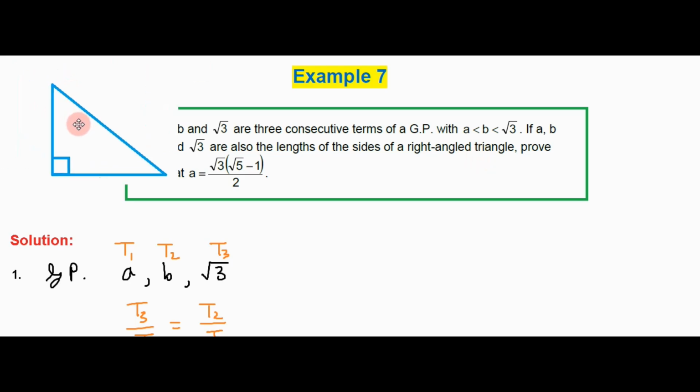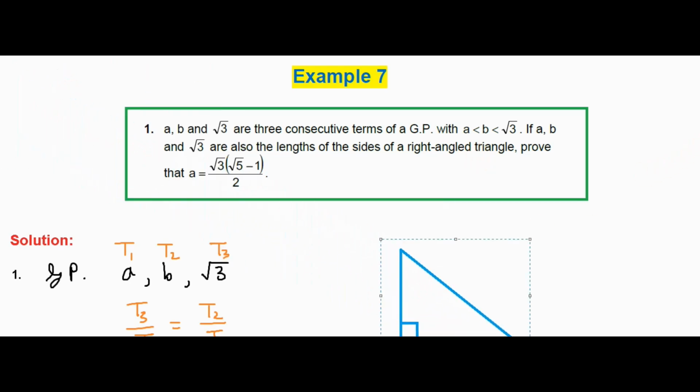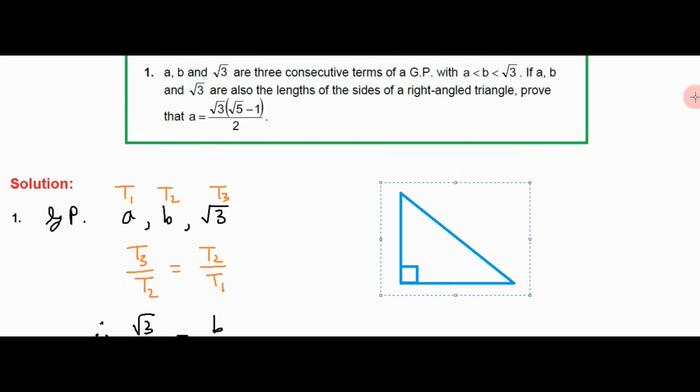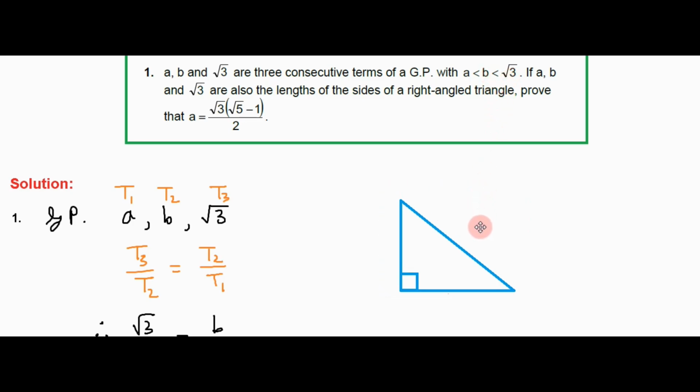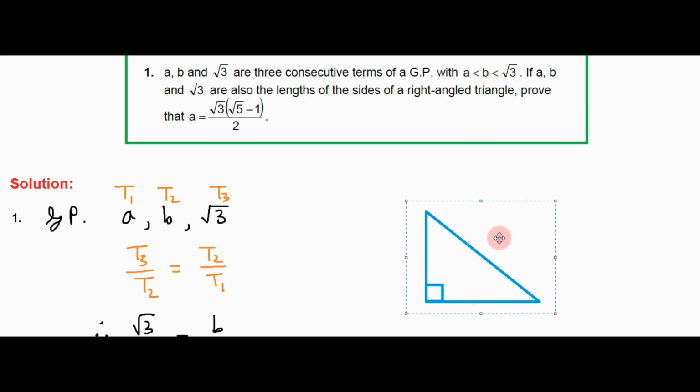So we can draw the triangle. Now a is less than b, which is less than the square root of 3. So from that we know that the square root of 3 must be the hypotenuse, because that's the longest side of the triangle, and we can make these sides a and b respectively.